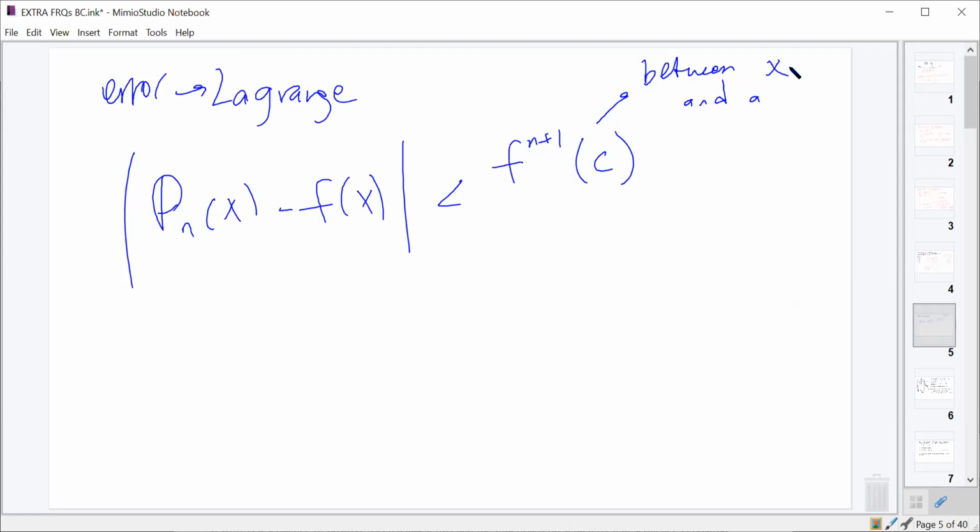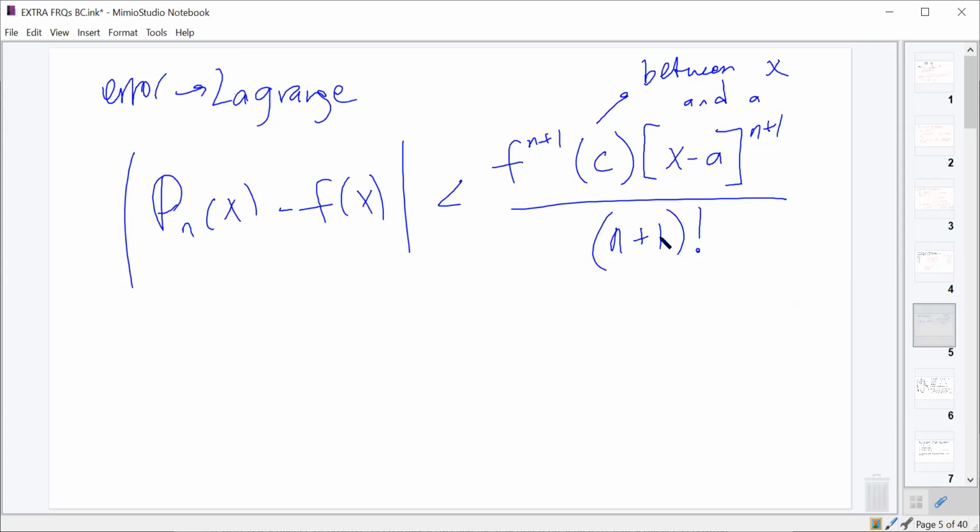And x, remember, is whatever value we're evaluating at, and a is the value that our series is centered at. So if it's a Maclaurin series, a is 0. If it's not a Maclaurin series, a may be something different.